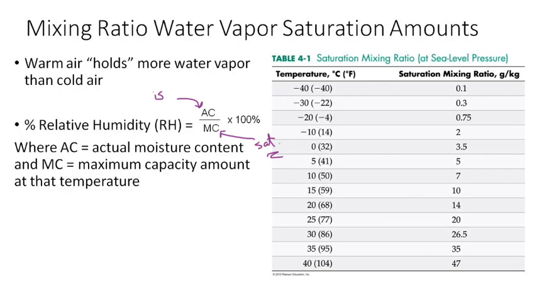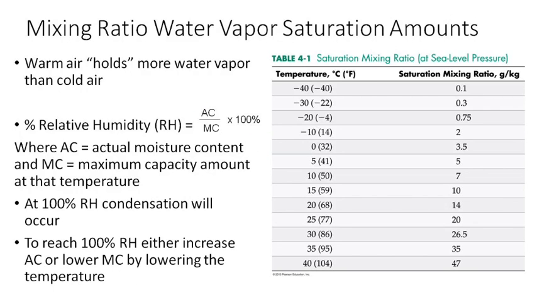I have some examples coming up. In other words, if you're sitting at 20 degrees Celsius and you're at 14 grams of water vapor per kilogram of air, you are at 100% relative humidity. You have maxed out.